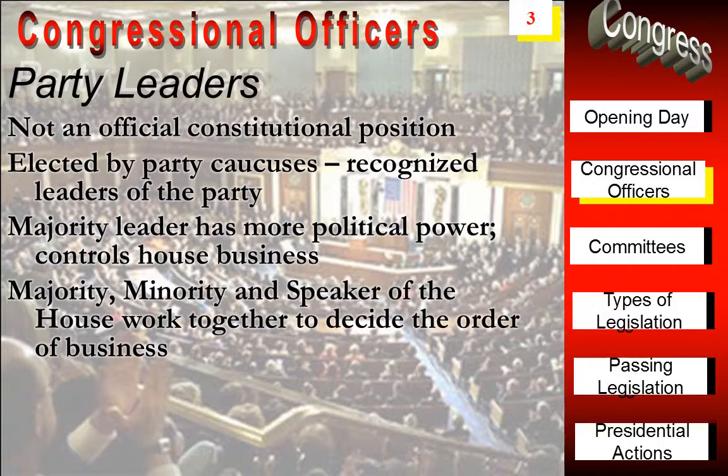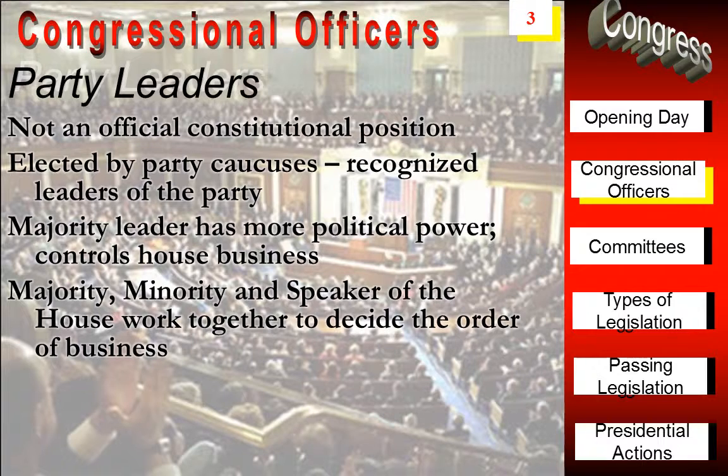And so we're going to talk a little bit about the party leadership in the House and the Senate. First of all, they are not official constitutional positions. There's no such thing in the Constitution that says that the Senate majority leaders shall. That does not exist.